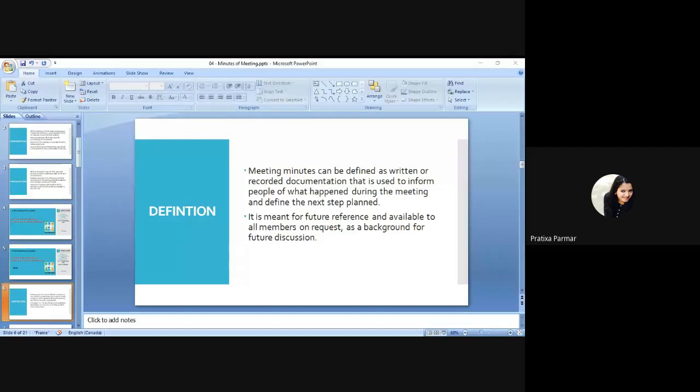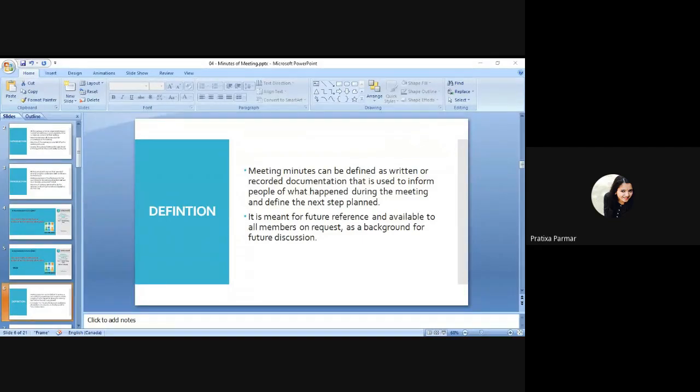Now, sometimes it happens that all the employees are not able to attend the meeting. Okay. So let's say there are 50 employees working together and let's say 10 employees are attending the meeting for a particular project. Now, if you maintain the minutes of the meeting and share them with the other 40 employees, they are also able to understand what you have discussed in the meeting.